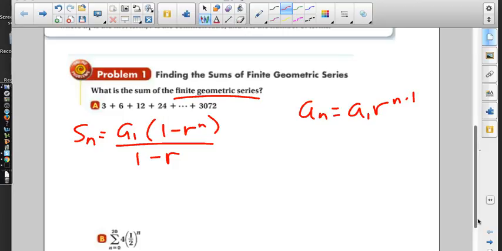Now, do you remember what we had to put into this formula if we wanted to use it? Two things. What two things do we have to put into that formula if we want to use it? A sub 1 and r. All right, so a sub n equals, good news, first term's right here, it's 3. Good news, finding r is not difficult. 6 divided by 3 is 2.